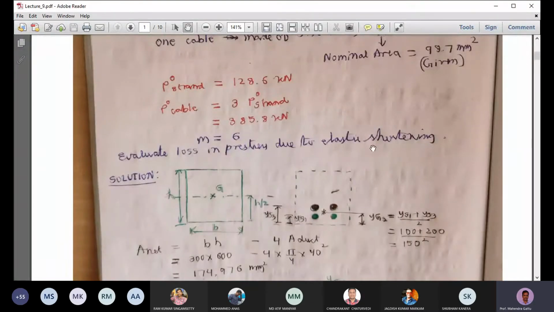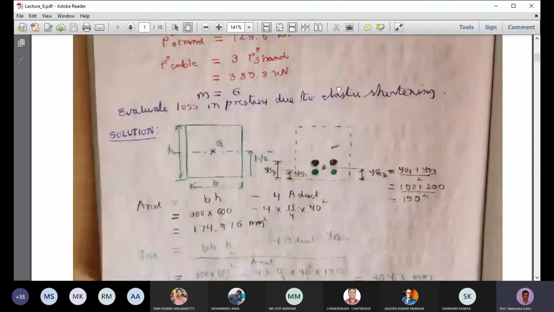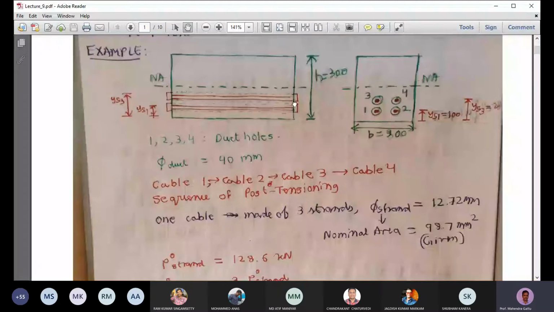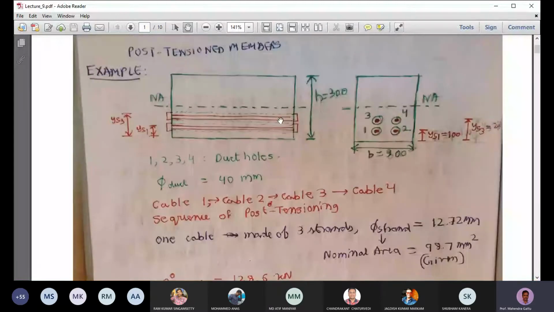So first cable 1 is pre-stressed, and this is a post-tensioned member. For post-tensioned members, we will work with the net section, not the gross section properties. We will not use the effective section because the holes are already there, and the concrete is post-tensioned, and the force will be coming from the end block region.